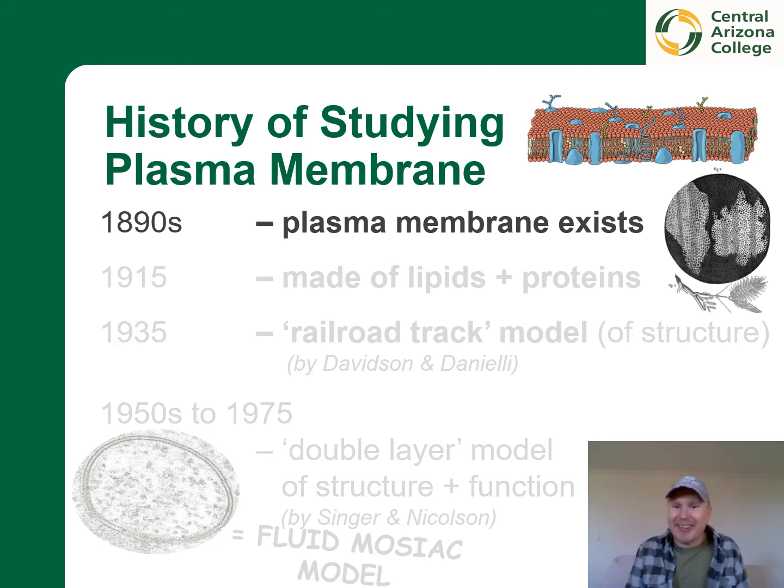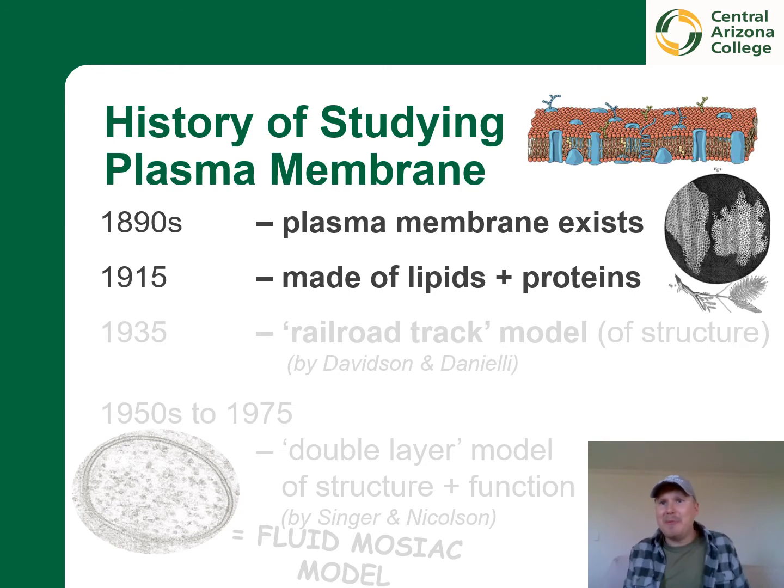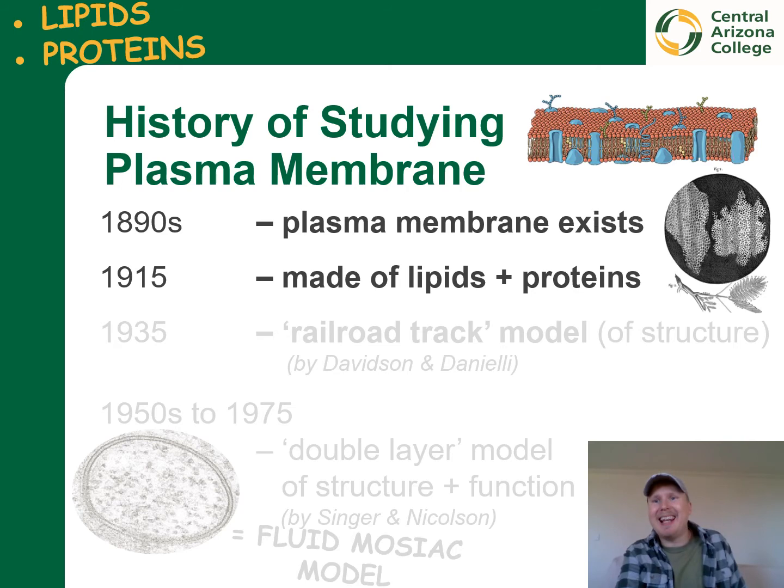And these were, of course, the cells. And he was able to conclude that these cells were separated by plasma membranes. Of course, the terminology wasn't that well defined at that time. And it was in 1915 when it was identified what this membrane is made of. The main components of it were found out to be lipids and proteins. Imagine, already in 1950.